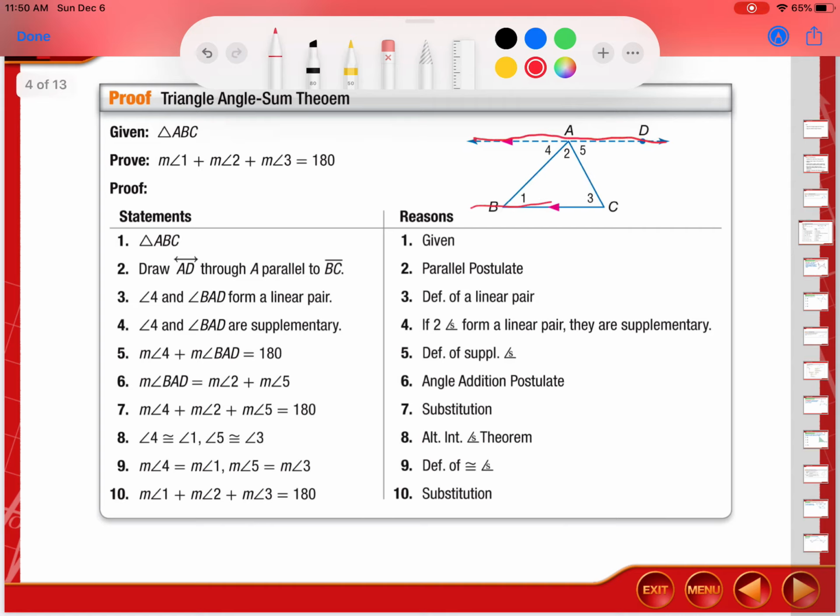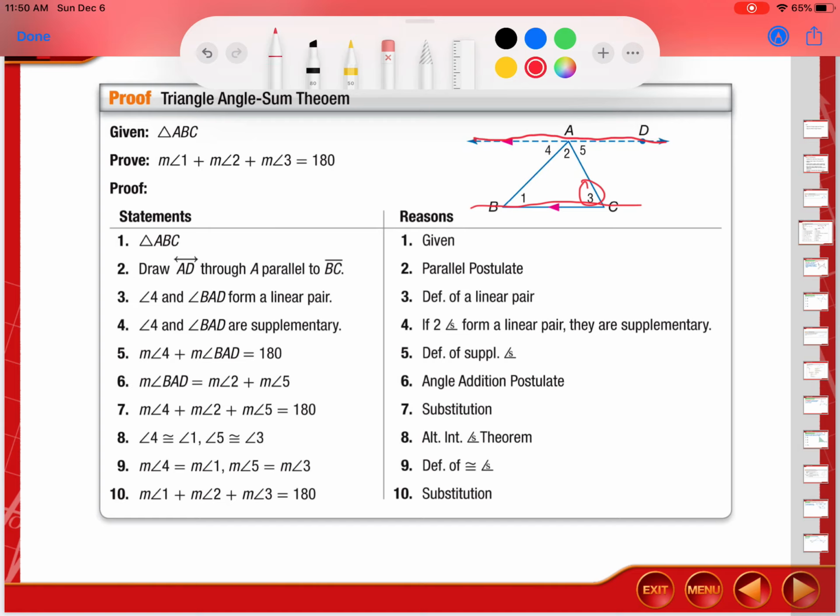If we focus on this line and this transversal, what this would show us is that angle 5 and angle 3 are congruent.